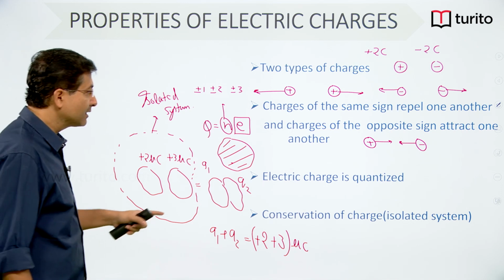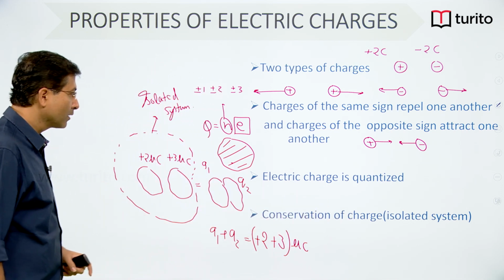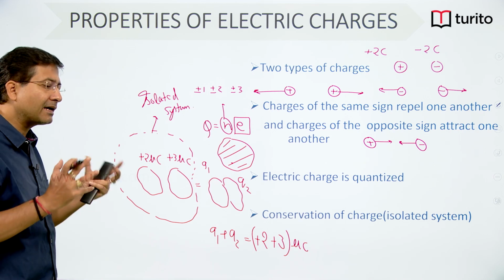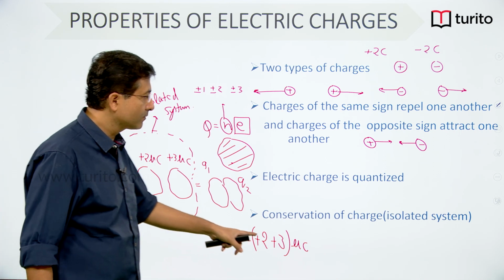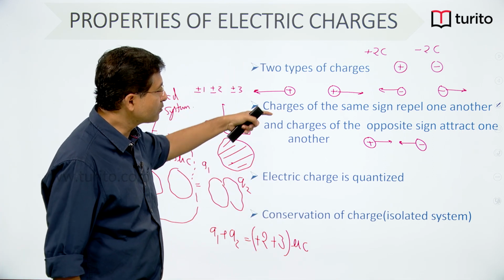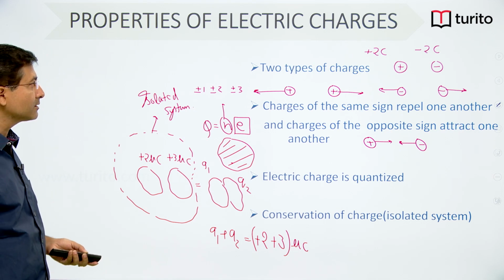So net charge cannot be produced or destroyed, or I can say on an isolated system the net charge remains the same. So I hope this property of electric charge is clear. Let us move to other properties.